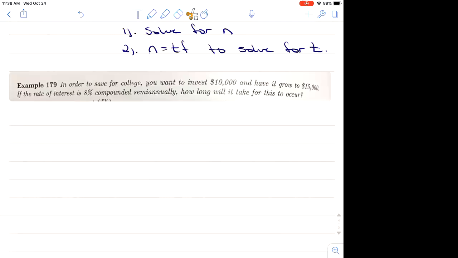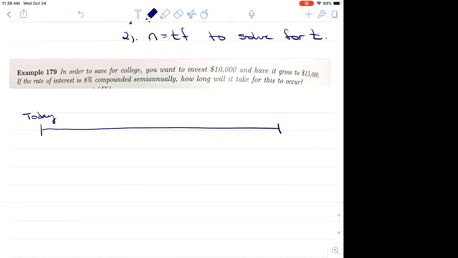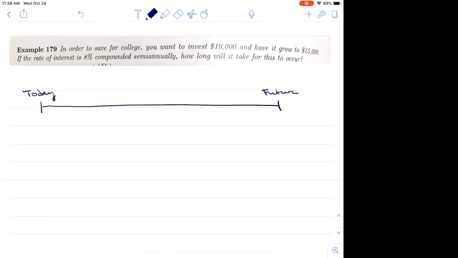It's going to be a nice, simple timeline, so why not? Right, so here we are today. And here's future you. And we're told we want to invest $10,000.